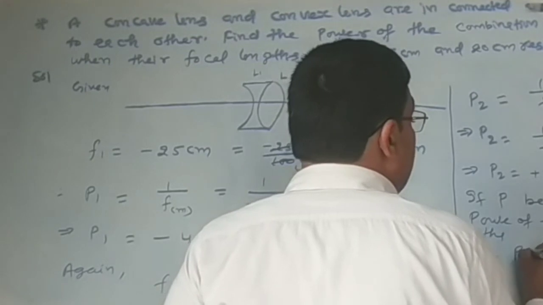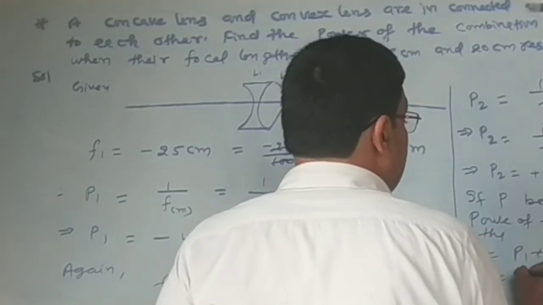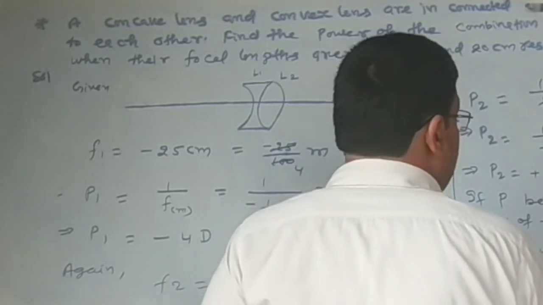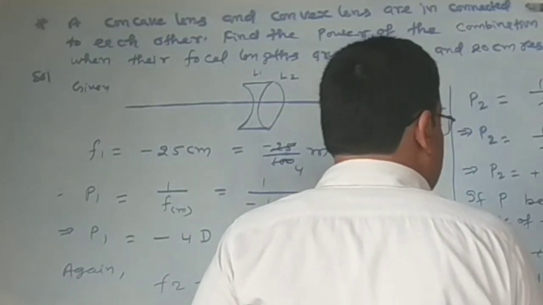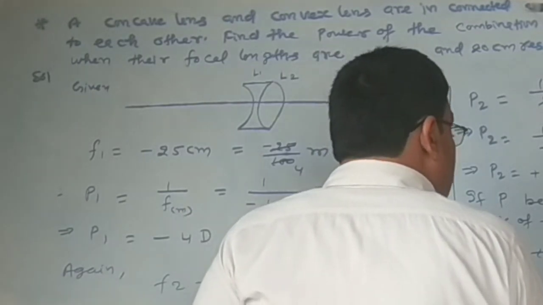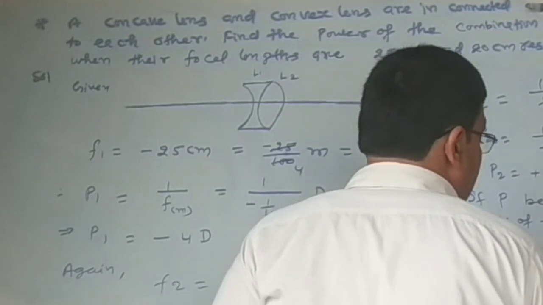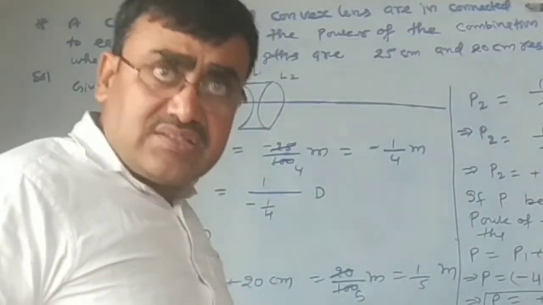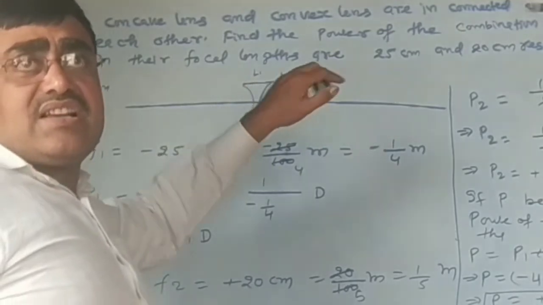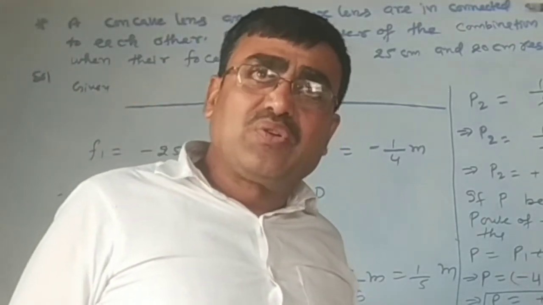P is equal to P1 plus P2. That implies P is equal to minus 4 plus 5 D. Therefore, P is equal to plus 1 diopter. Here power is positive. Hence, the combination of both lenses acts as a convex lens. Okay.